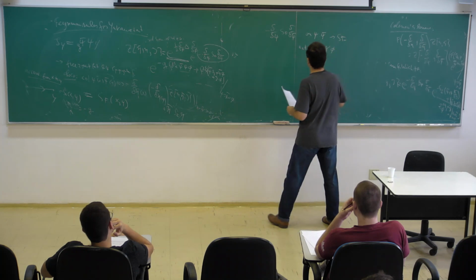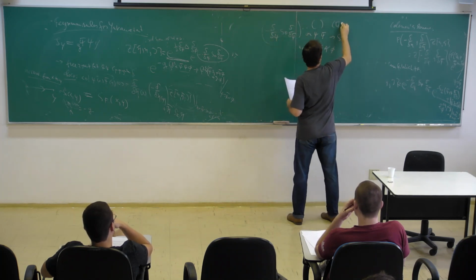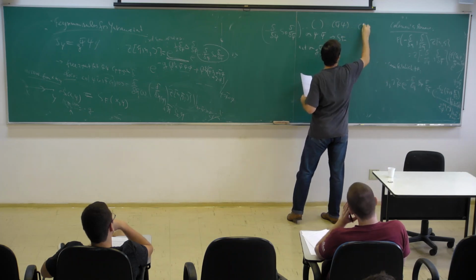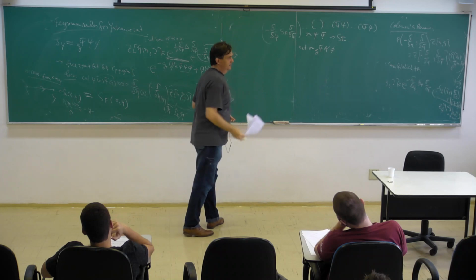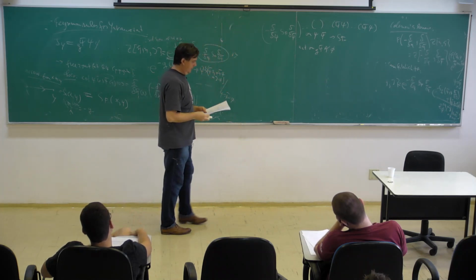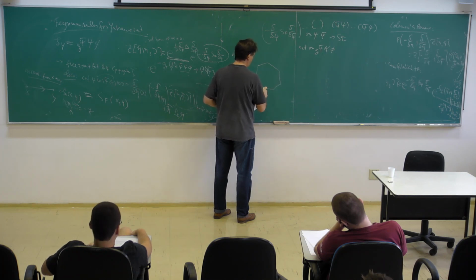So I will act with products of these things on things like this. And now let's notice what happens if I have a diagram that contains a loop of fermions.